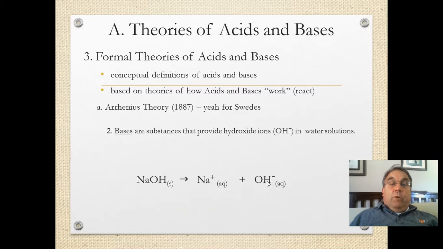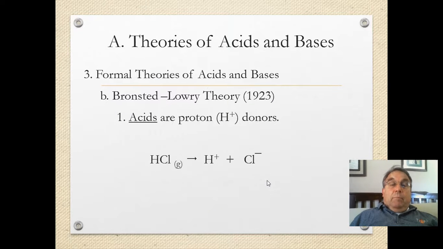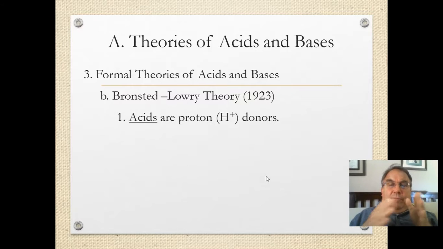Okay, now that worked for about 50 years, but then the Bronsted-Lowry theory came about to kind of broaden but also focus the theory of acids and bases. So Bronsted-Lowry theory says that acids are proton donors, which really doesn't change it that much, except it removes the idea of water solutions.